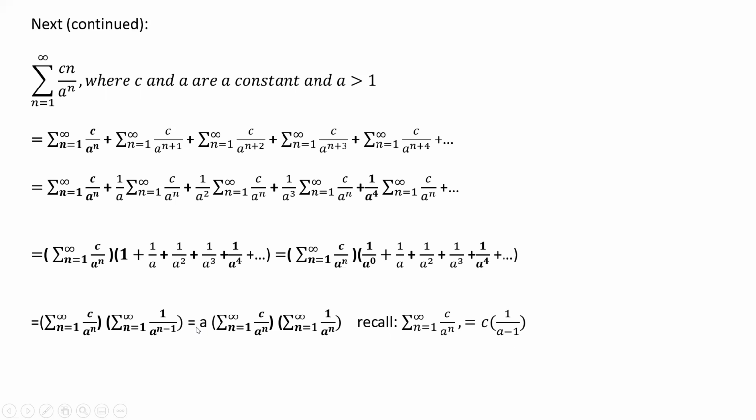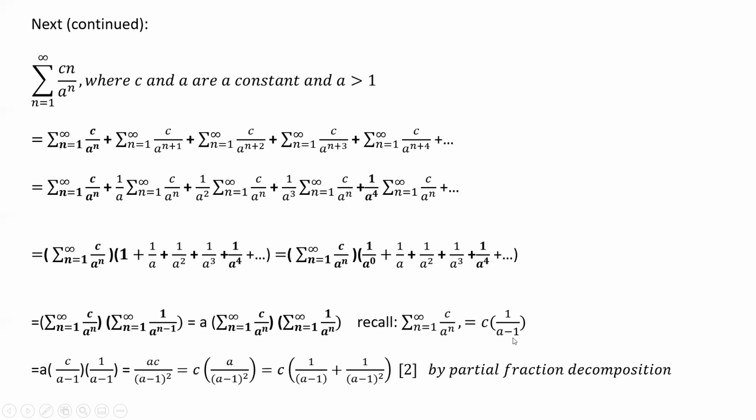And so we have a times this first expression, c over a to the n, is just c times 1 over a minus 1, and then times the second expression, which is a constant, it's now a 1, so it's going to be 1 times 1 over a minus 1, or just 1 over a minus 1. And that's exactly what I do on the far left here. Combining everything together, we see it becomes ac over a minus 1 squared.